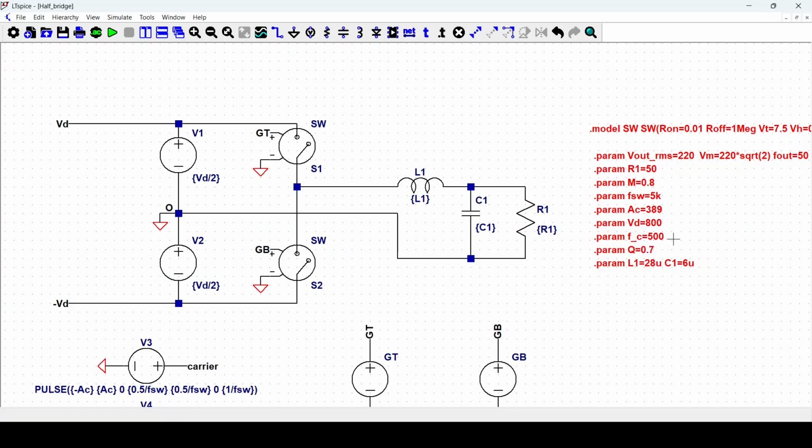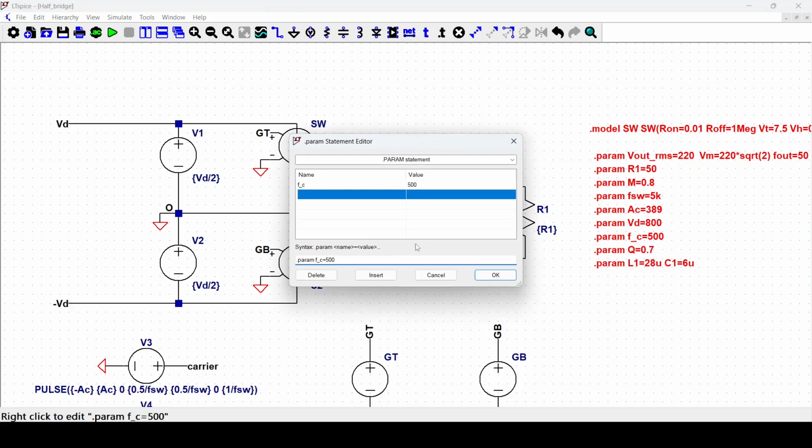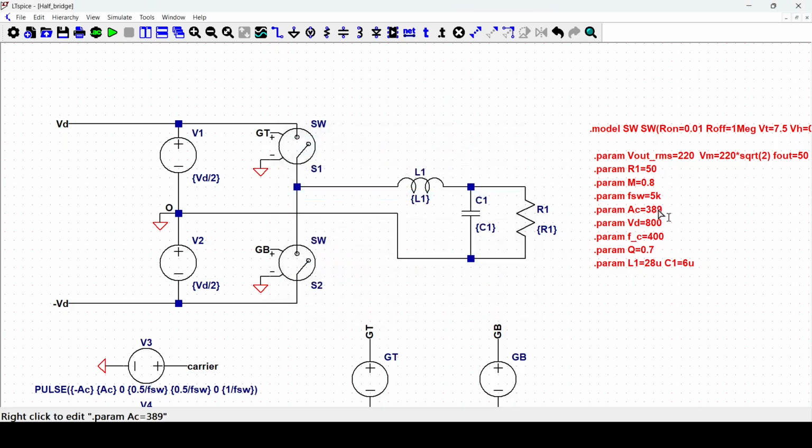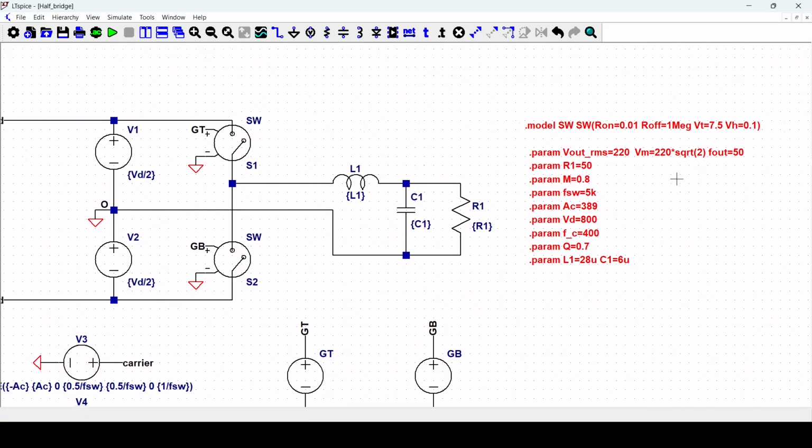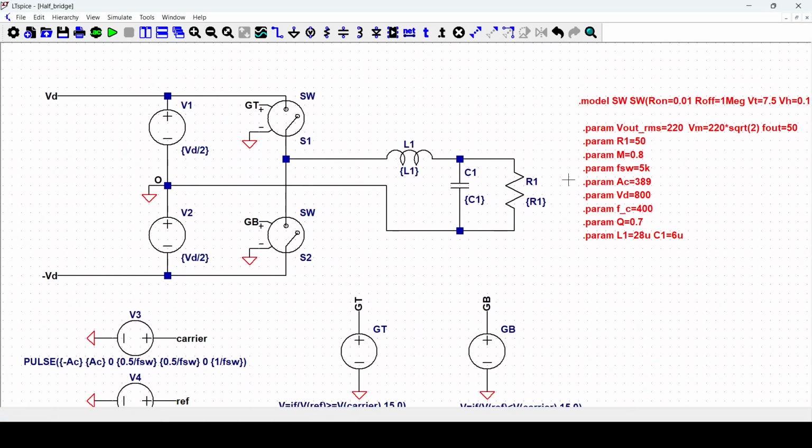We've got the cutoff frequency of our filter, which is 400 Hz, our switching frequency of 5 kHz, modulation index 0.8, and our load is 50 ohms. We have our output voltage parameters and our carrier amplitude.